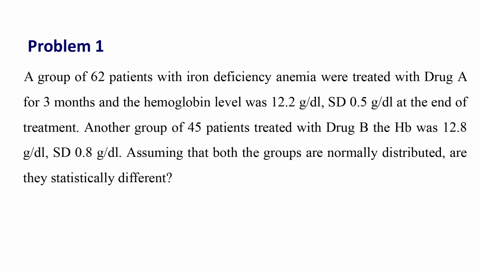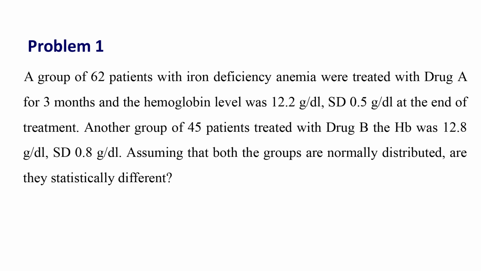Another group of 45 patients was treated with drug B, the hemoglobin was 12.8 gram per dl, SD 0.8. So now if you look at both the treatments and the hemoglobin values 12.2 and 12.8, it is really difficult for us to say which drug is better. We cannot just predict based on these values which hematinic you will prefer.